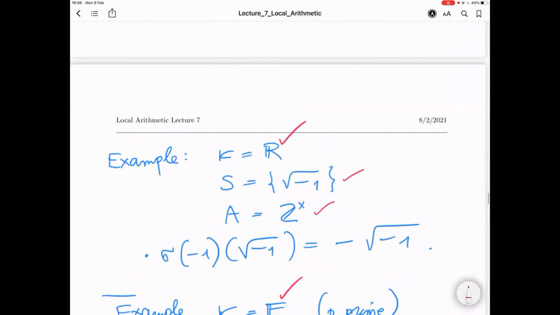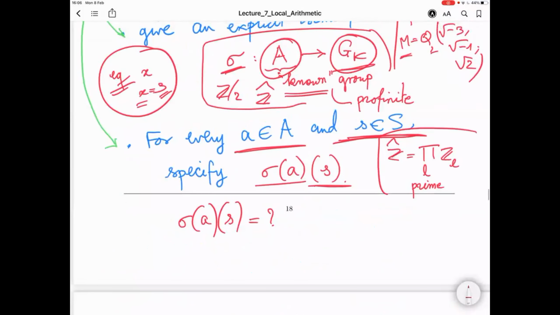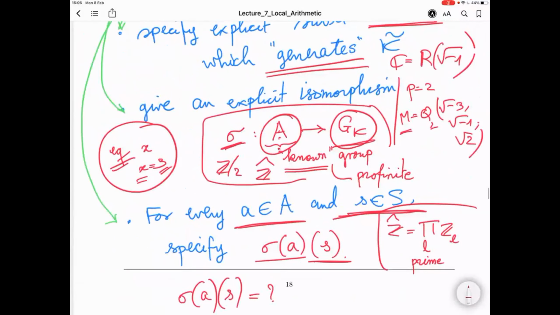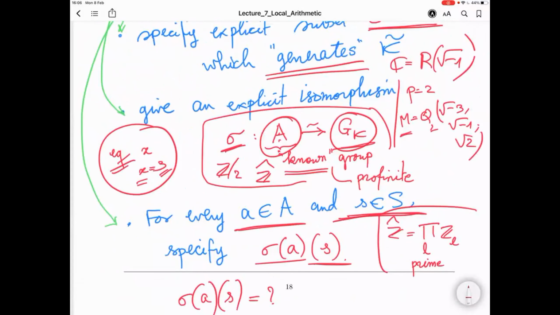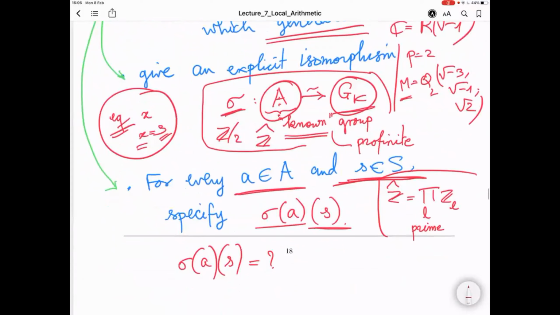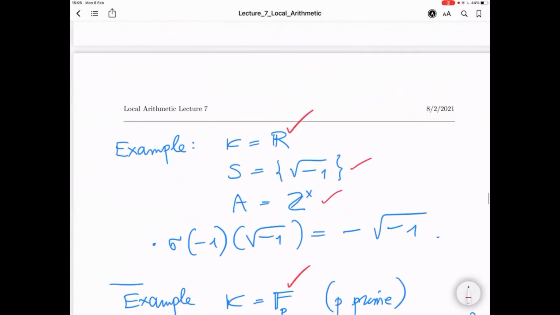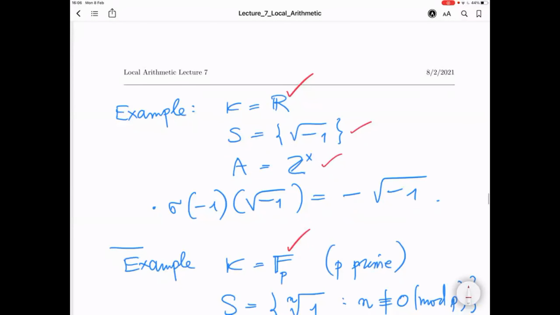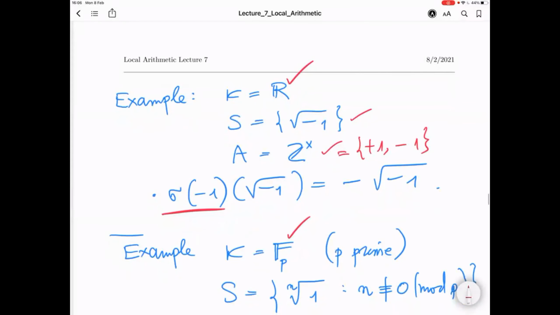A is a known group with which you are going to give an isomorphism with the Galois group of this. And what is the isomorphism sigma? It takes the generator, so this is generated by -1, and it acts on this generator of the field and gives you the generator with a minus sign.